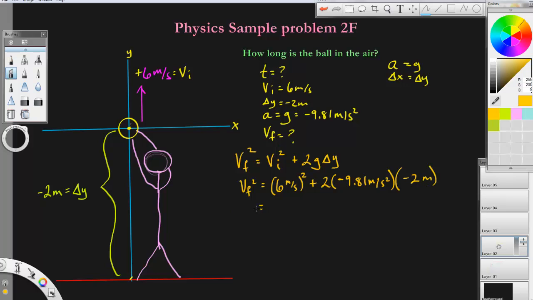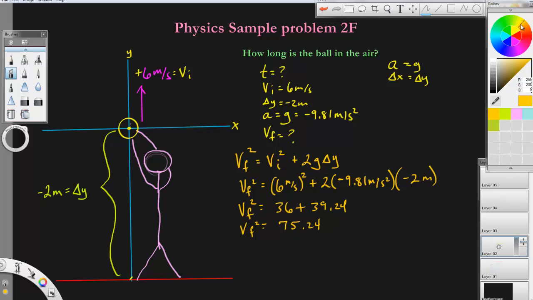All right. Now, this is still Vf squared over here. Doing a whole bunch of math, this will work out to be 36, and I'm going to leave the units off just for the sake of it being messy, plus 39.24. And that's going to be positive because it's a negative times a negative. When we add this all up, 36 plus 39.24 is 75.24.